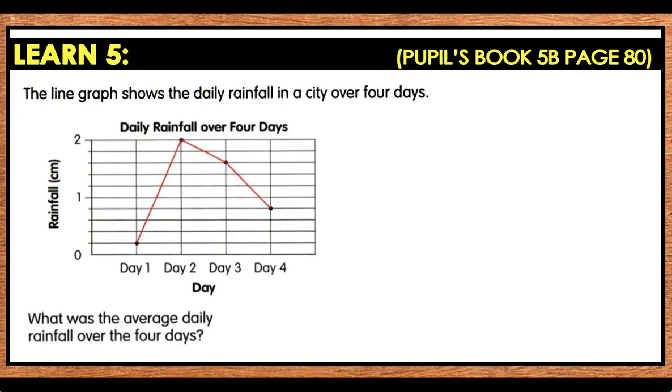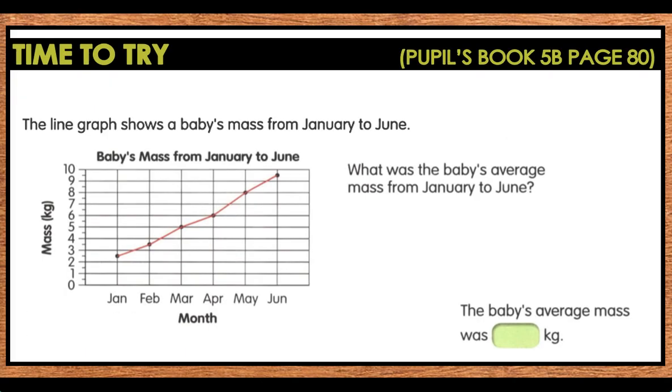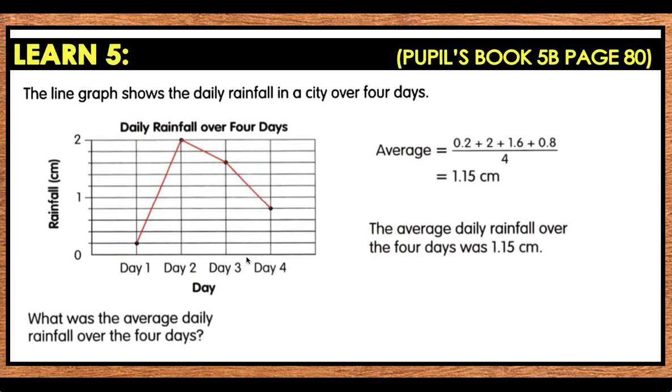So, identify the data first. This is 0.2. This is 2. This is 1.6. And this is 0.8. So from 0 to 1, we have 1, 2, 3, 4, 5.